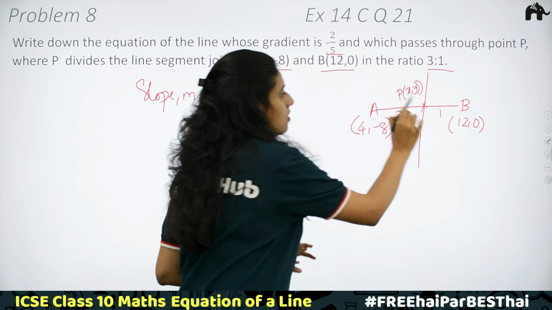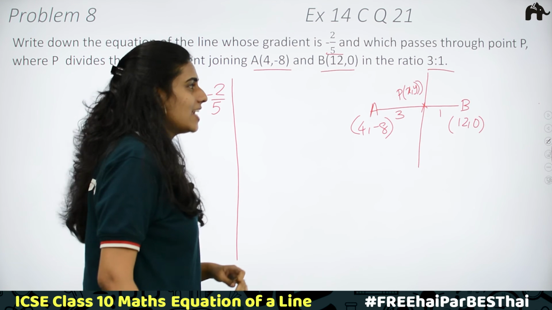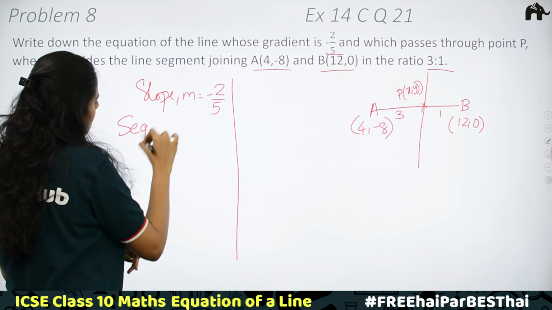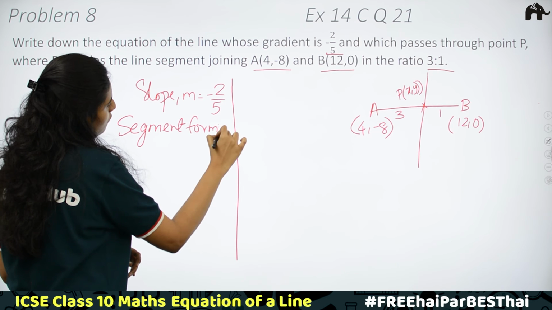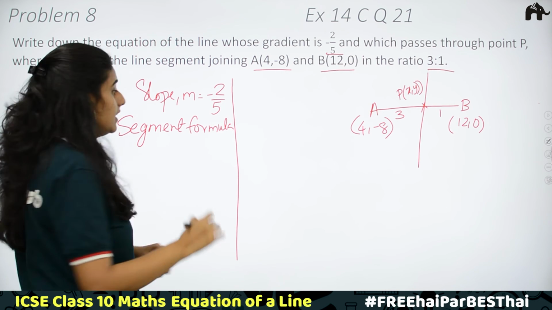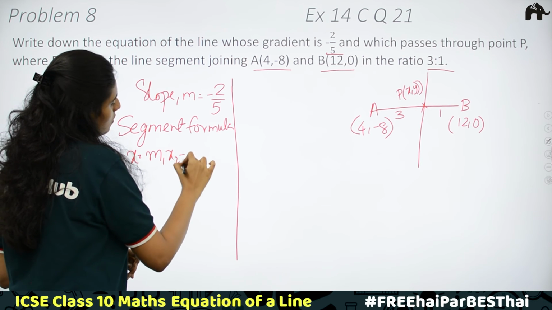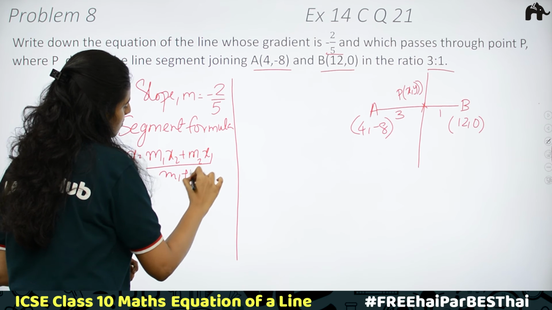How to find the coordinates of this point P(x, y)? We have studied the section formula, you remember? Section formula. To find the x coordinate, we have x is equal to (m1 x2 plus m2 x1) divided by (m1 plus m2).